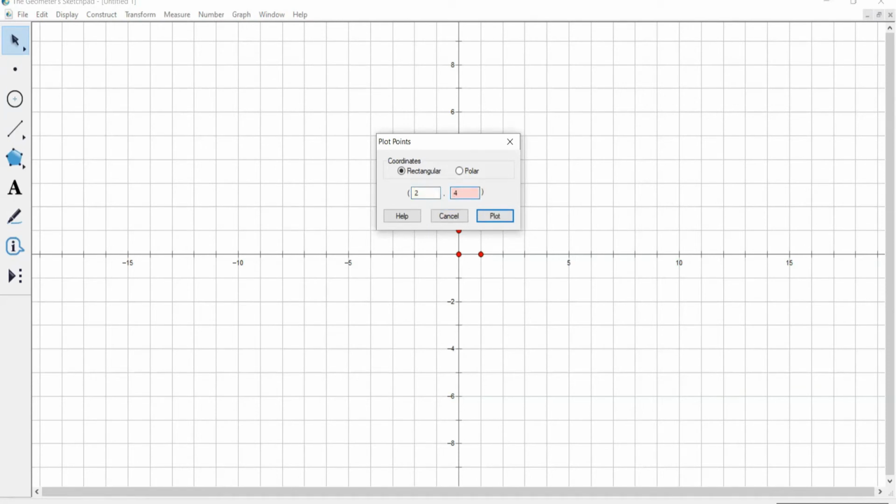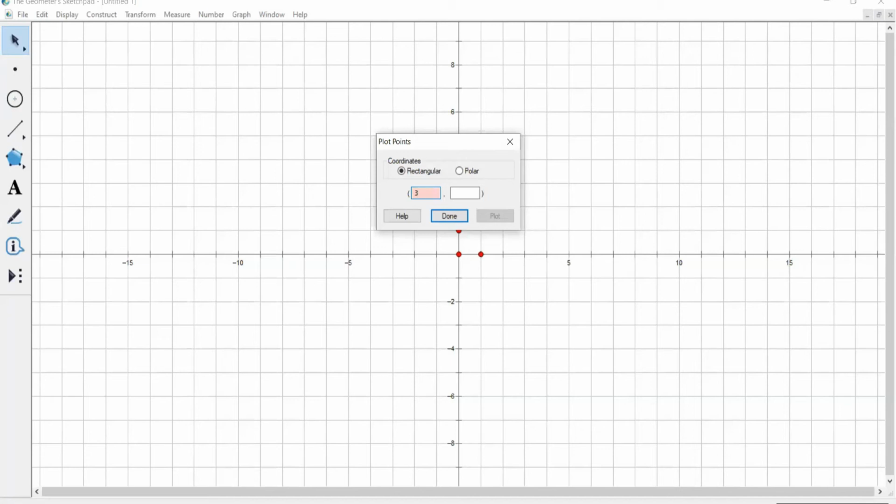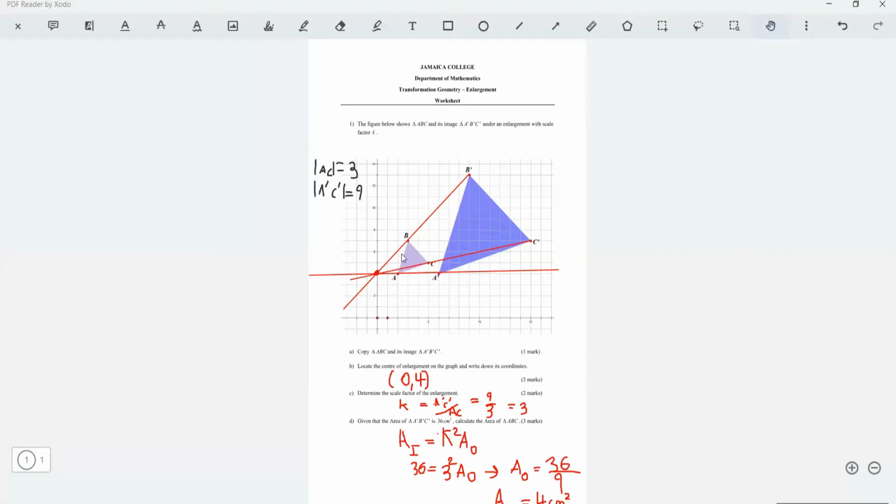This was A. We're going to insert the points B and C. B was the point 3, 7. Then we're going to plot the point C. C is the point that looks like 5, 5. C is the point 5, 5.